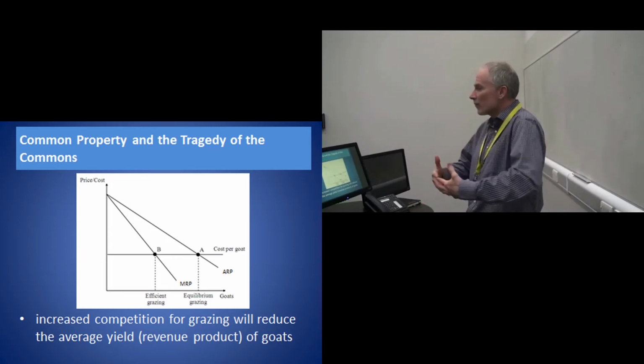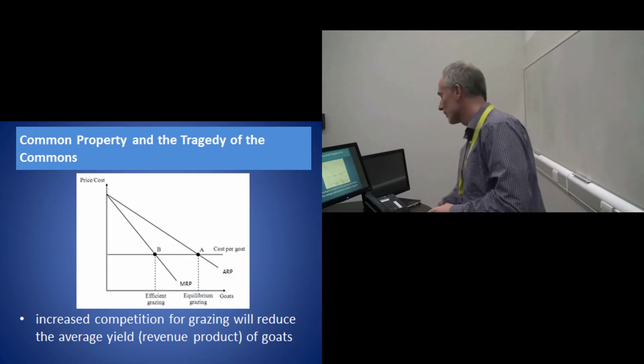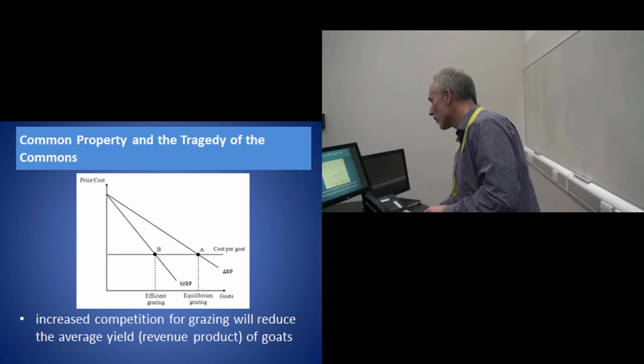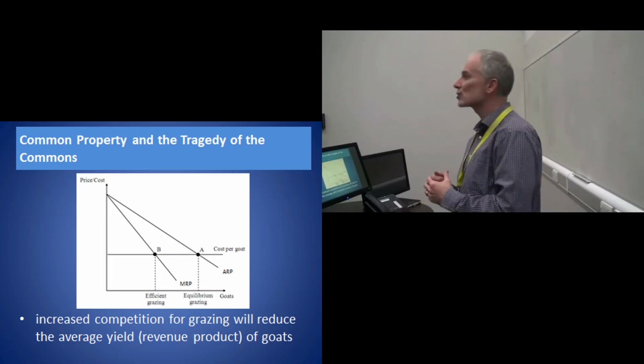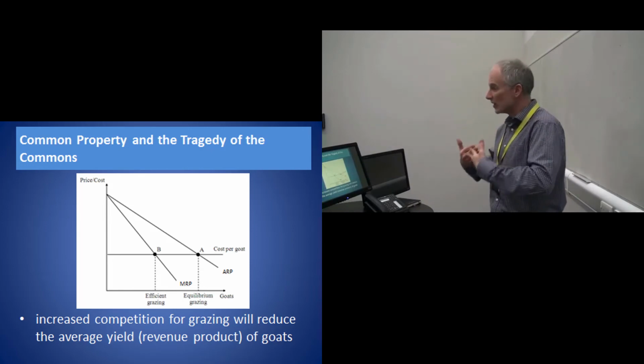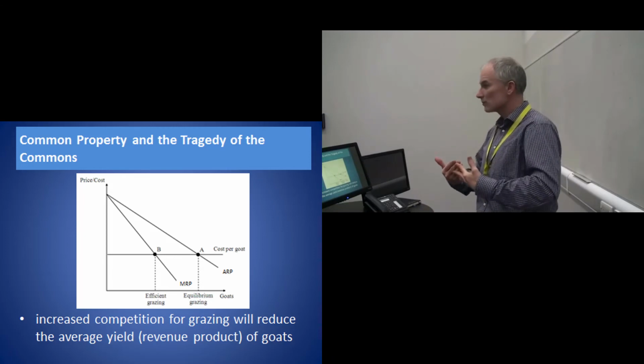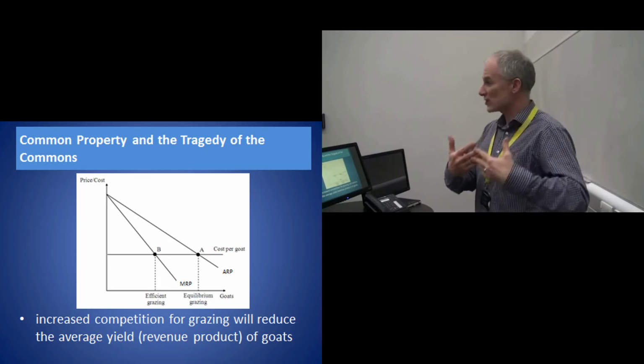And what did we say? On the vertical axis we've got money, price or costs, and on the horizontal axis we've got the number of goats who graze. As the number of goats grazing on the common land increases, there is increased competition, and so the goats can individually eat less grass.